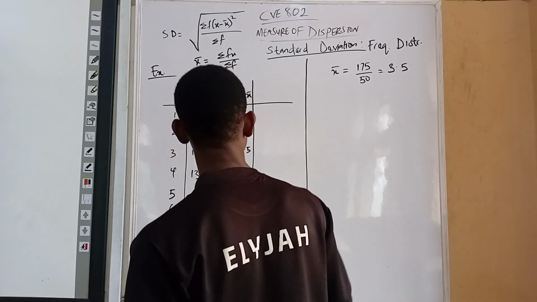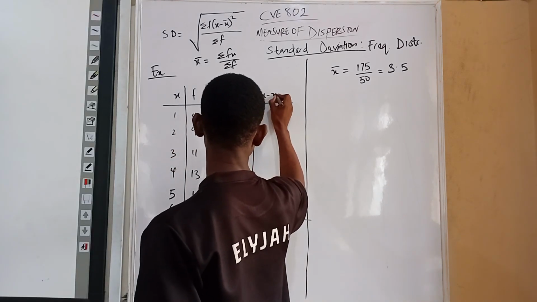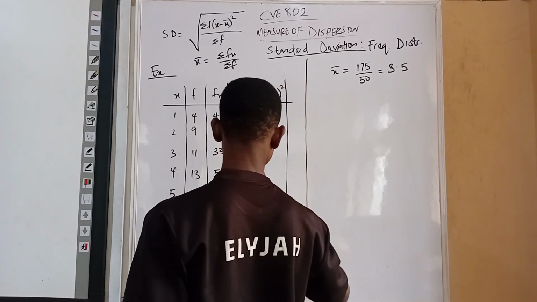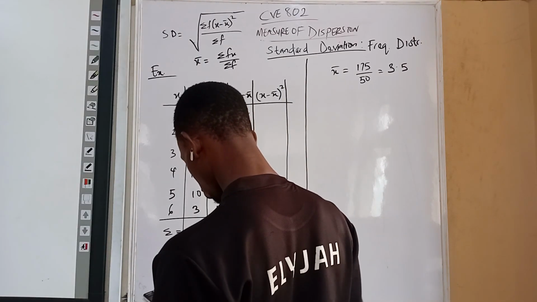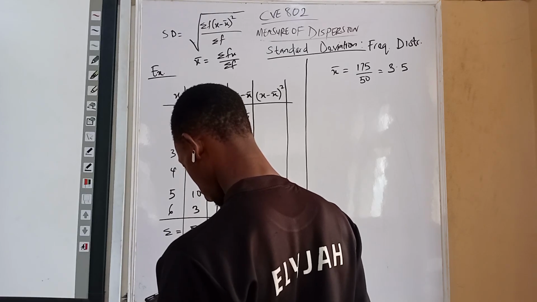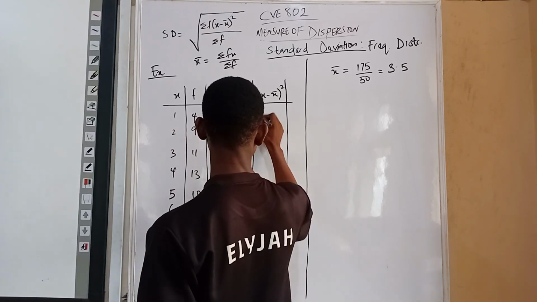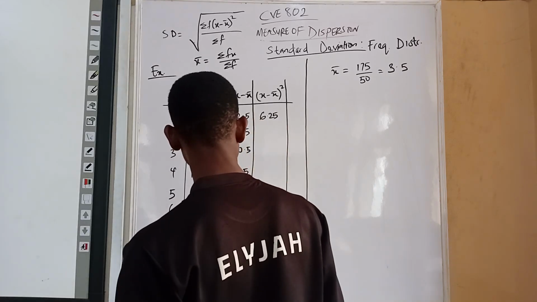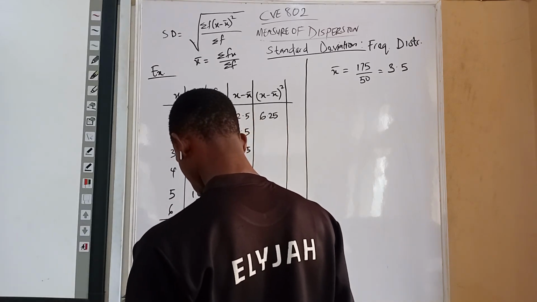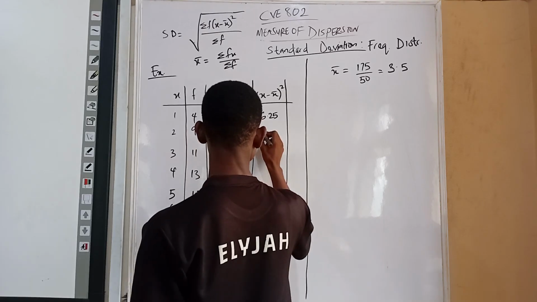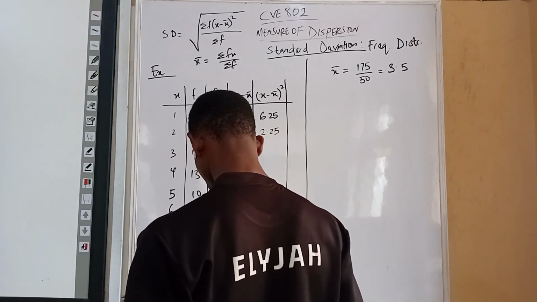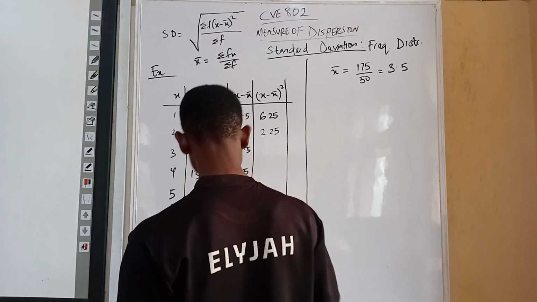So squaring it, x minus x bar squared. That's 2.5 squared, that's 6.25. Then next we have 1.5 squared, which is 2.25. 0.5 squared is 0.25.